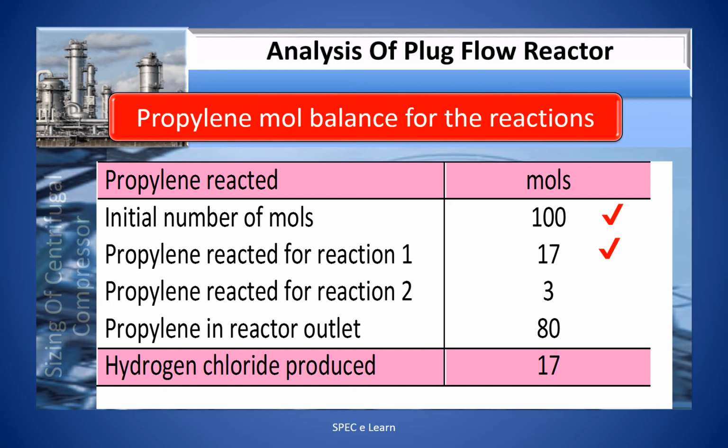So the balance propylene in the reactor outlet is 100 minus 17 minus 3, which is 80 kg moles. For every mole of propylene and chlorine reacted, you will produce 1 mole of hydrogen chloride also. So 17 moles of hydrogen chloride will also be produced in reaction 1.